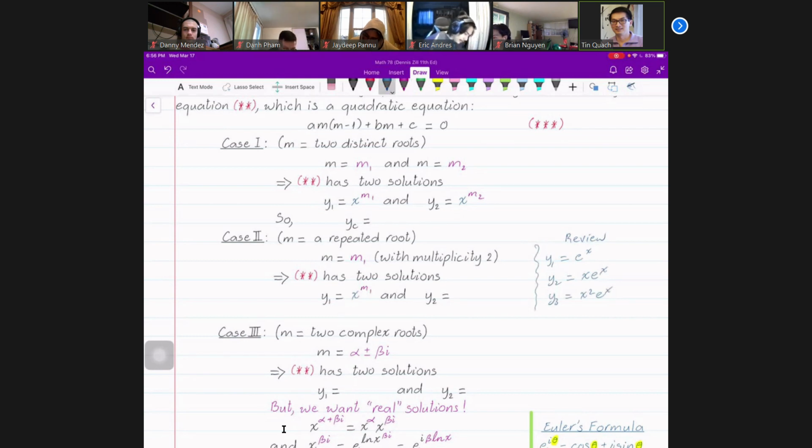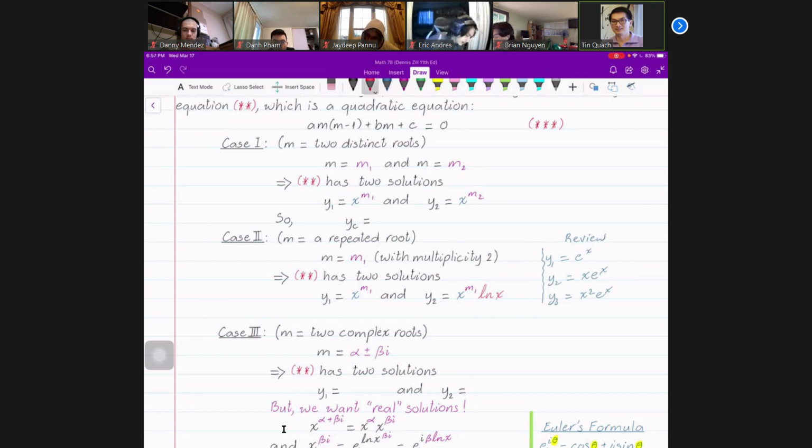It's going to be x to the m sub 1 times something, and this something right here is ln x.